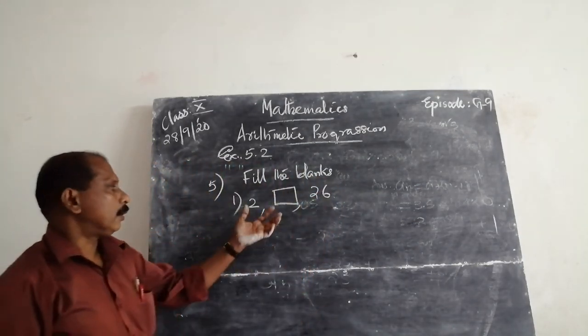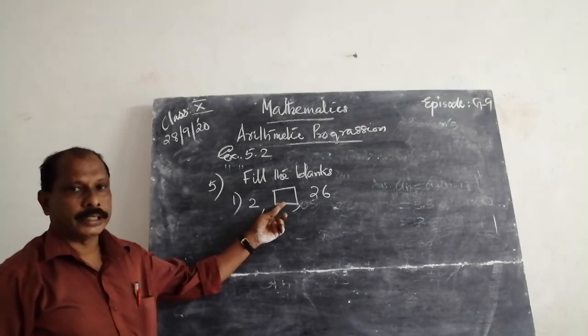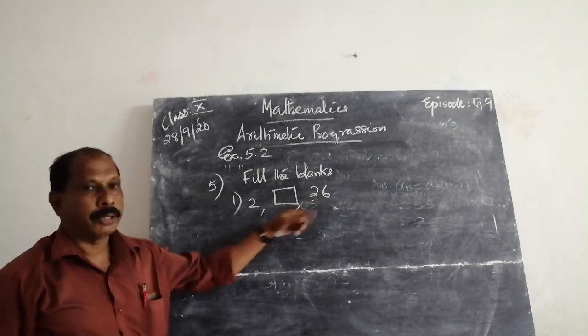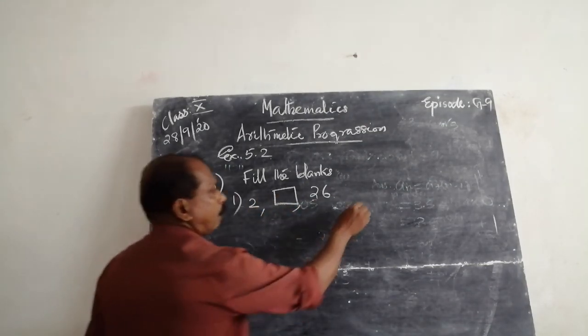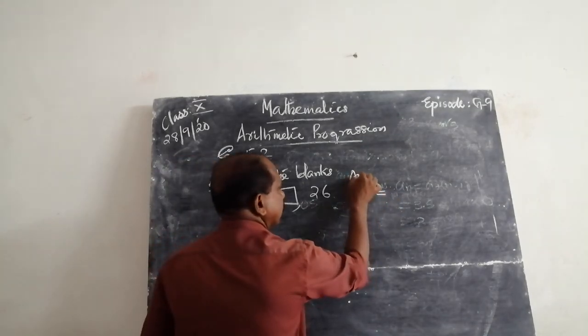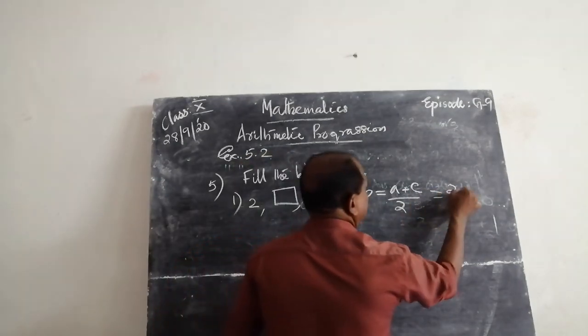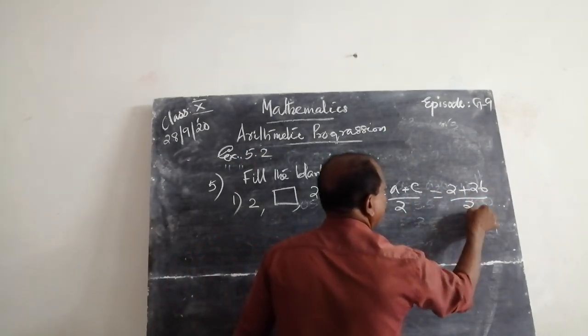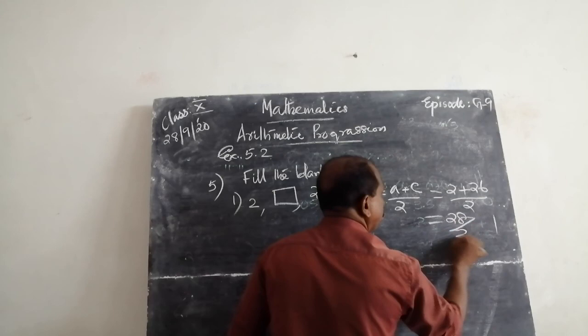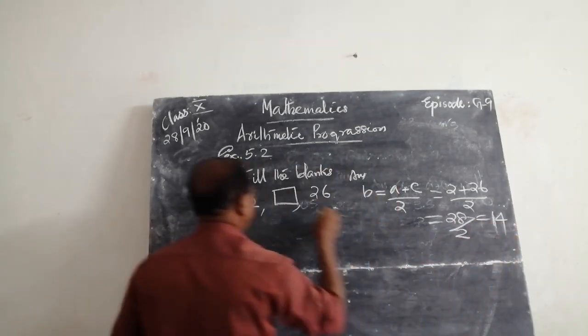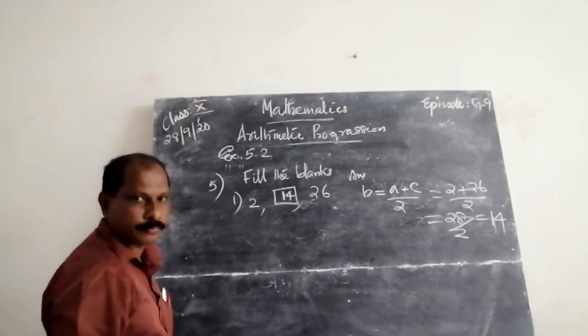Listen, the middle term is missing. First plus last by 2 is the second term. Therefore, B is equal to A plus C by 2. So, 2 plus 26 by 2 is equal to 28 by 2 is equal to 14. Therefore, this missing term is 14.